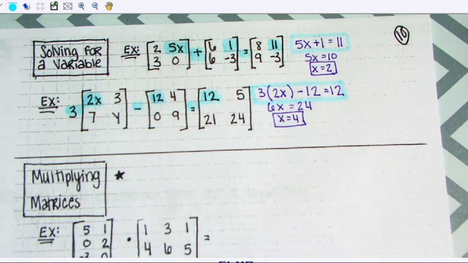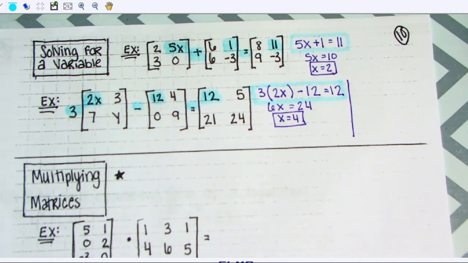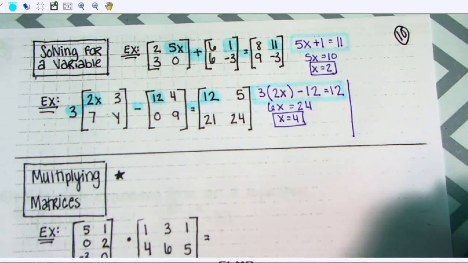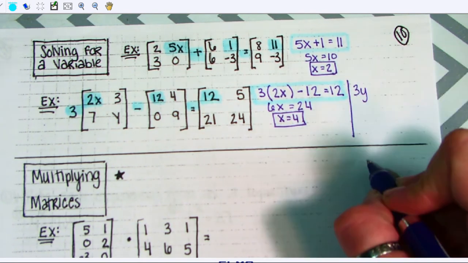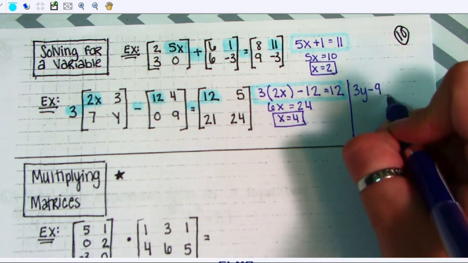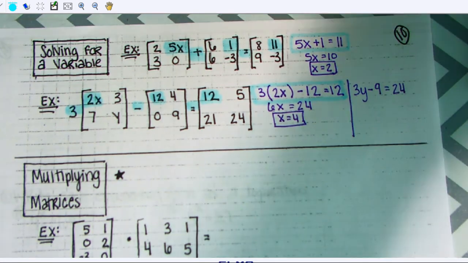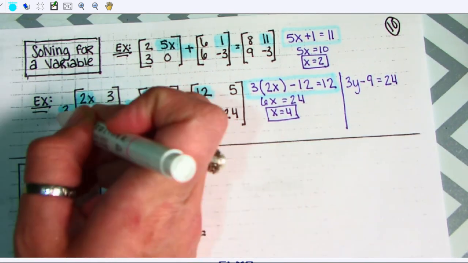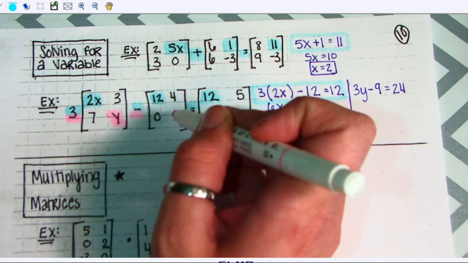Okay. How do we build our equation for y? Yep. There you go. So all we did here was use the bottom example. So we still use the 3, the y, the minus, the 9, and the equals.